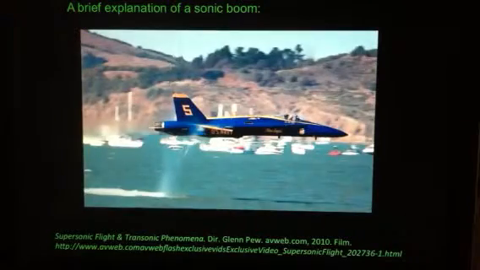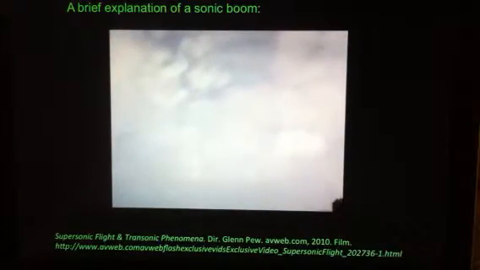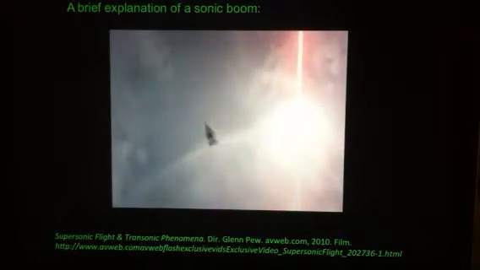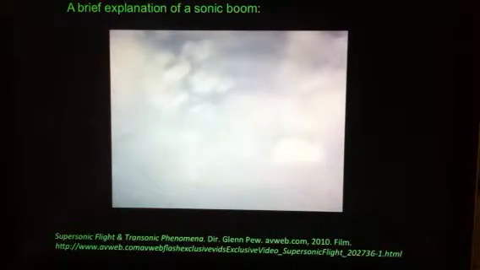Then there are the shock waves. Shock waves are formed by the air that can't get out of the way fast enough, forming a pressure wave. We perceive that pressure wave as sound. Aircraft actually usually produce two booms. They just reach us so quickly in succession that we can't distinguish the two.